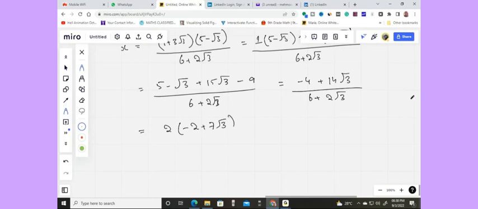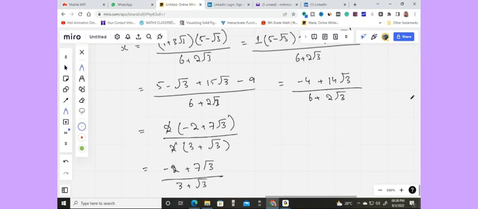And from the denominator as well, 2 is the HCF, so take it out. It's 3 plus root 3. This 2 and this 2 will get cancelled. Now I'm having a very simpler form: minus 2 plus 7 root 3 upon 3 plus root 3.